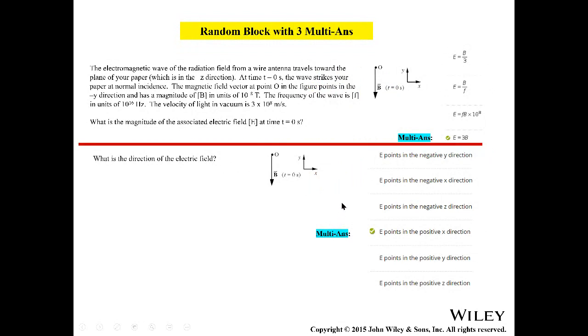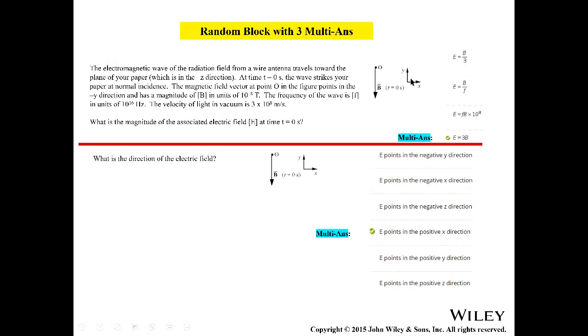Okay, so the next one is a more, maybe you can call it fuzzy one. You have an electromagnetic wave, and it is coming incident on a plane of your paper. So the electromagnetic wave is coming down and the sheet of paper is down here.